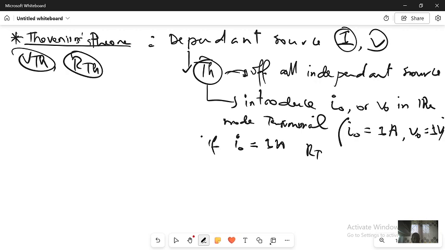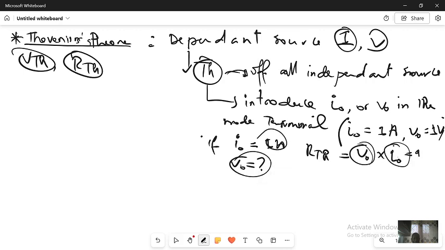RTH is going to be equal to V0 divided by I0, the V0 that we will calculate divided by the I0 that we assumed equal to 1 ampere. But if we introduce V0 equal to 1, it means that we are going to calculate I0. After that we will have the Thevenin resistance as V0 divided by I0, from Ohm's law.